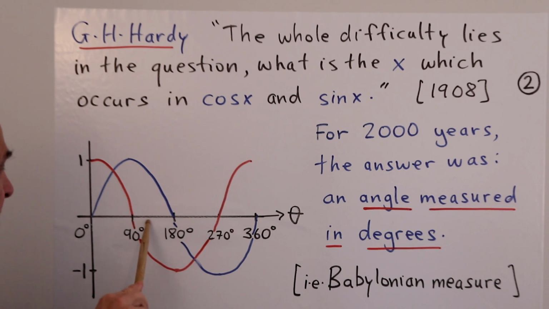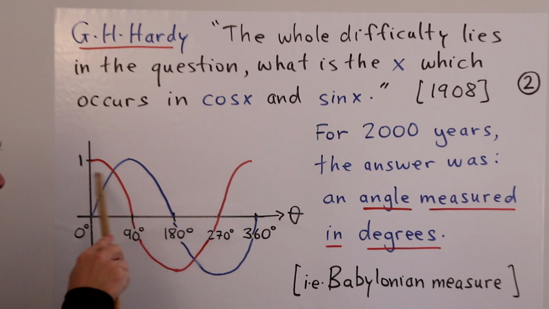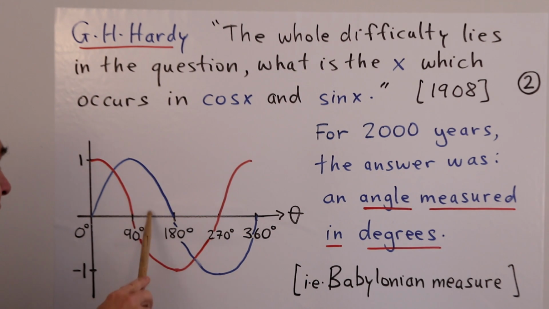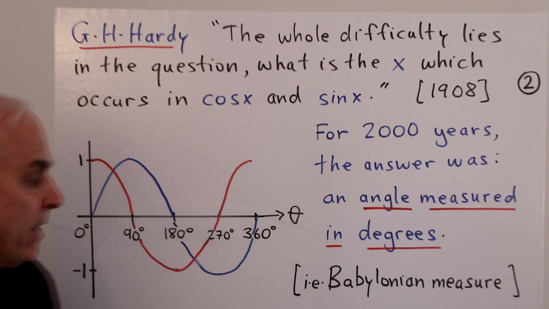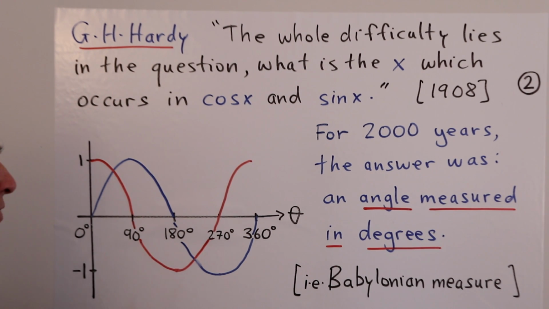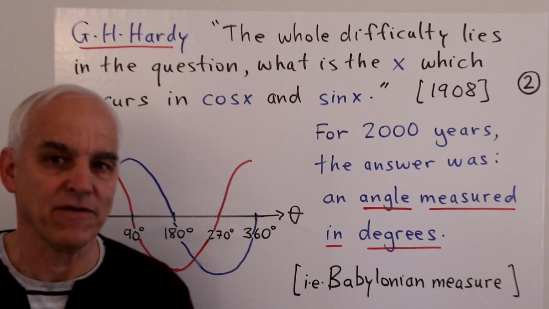So if we have, maybe 110 degrees there, we would read up here and say, oh, the sine of 110 degrees is about 0.83, while the cosine of 110 degrees might be minus 0.71, something like this. So that is historically the story with the sine and cosine functions, at least.